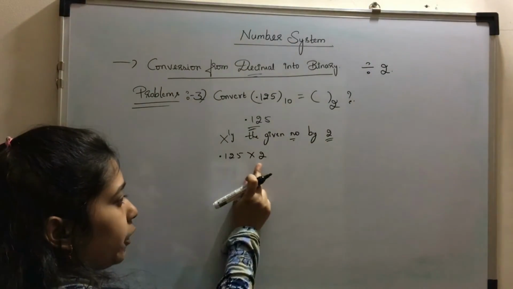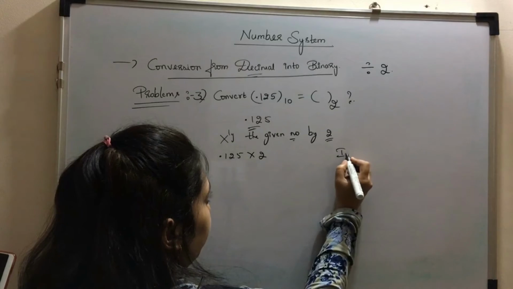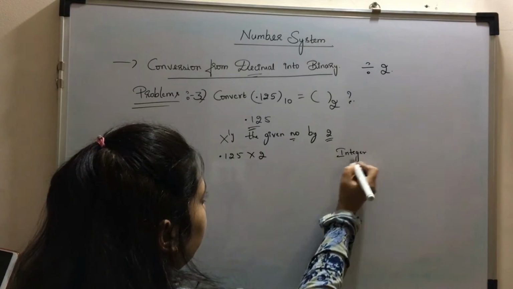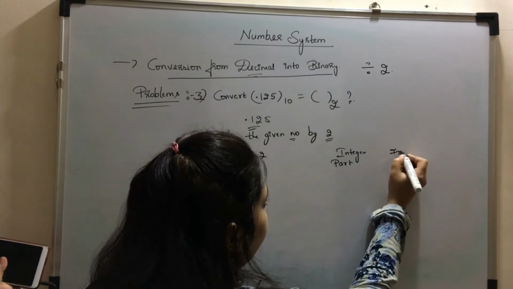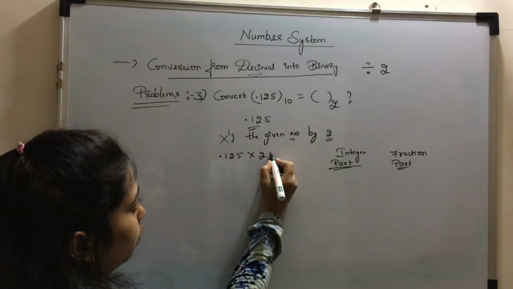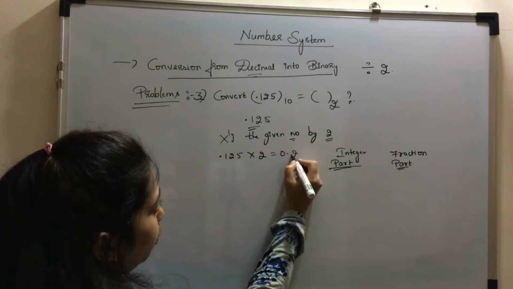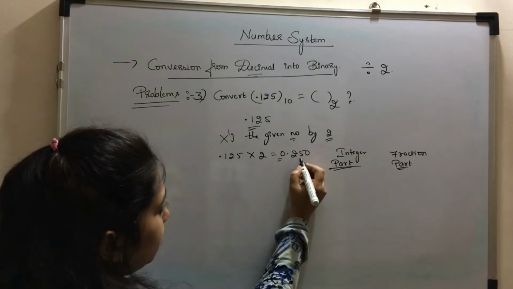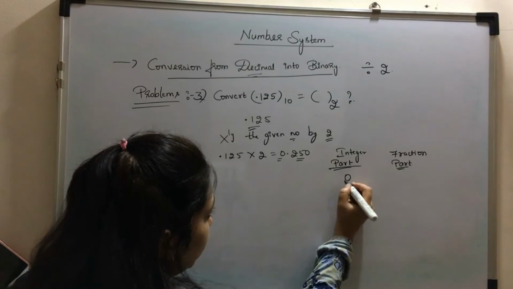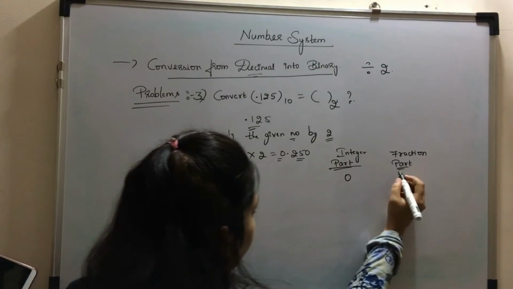Here also we get two parts, one is the integer part and the other is the fraction part. So 0.125 into 2 is 0.250. This is the fraction part and the integer part is 0.